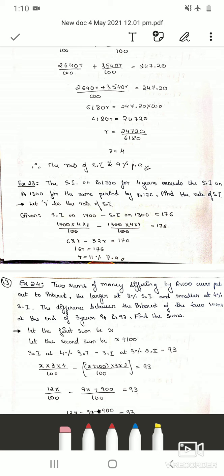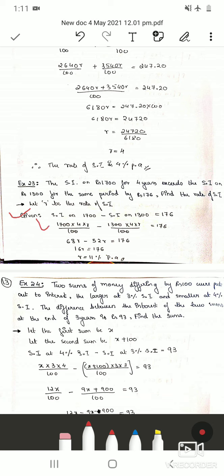So we have to find out the rate of interest. The first step is, let us assume the rate of interest to be R. We'll write the given statement: simple interest on the principal amount 1700 minus simple interest on principal amount 1300 is equal to 176.